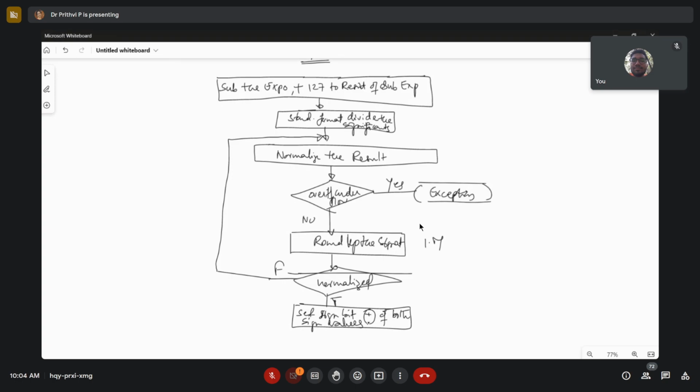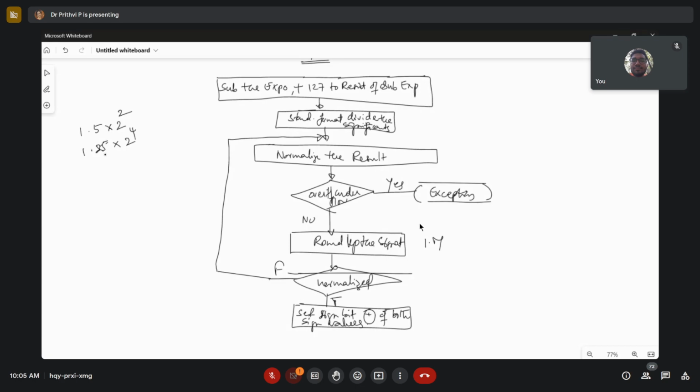Now coming to addition. What is the difference? Again, when you are adding numbers, say I am taking 1.5 into 2 power 2, and say 1.25 into 2 power 4.